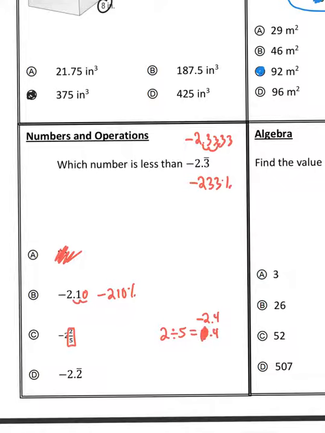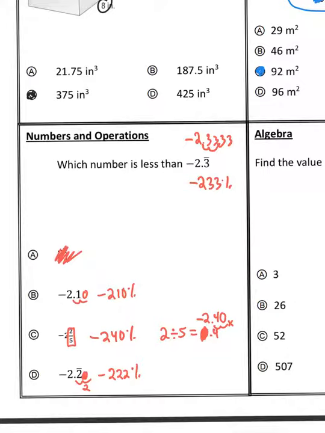You just get rid of the 0. Now that it's a decimal, I have to deep it, and it becomes negative 240%. And in choice D, I'm just going to deep it, add a 0. It becomes negative, since it's repeating 2, add a 2, becomes negative 222%.